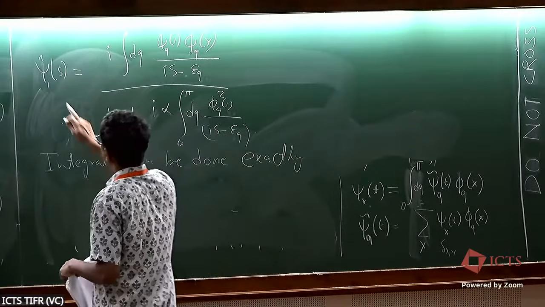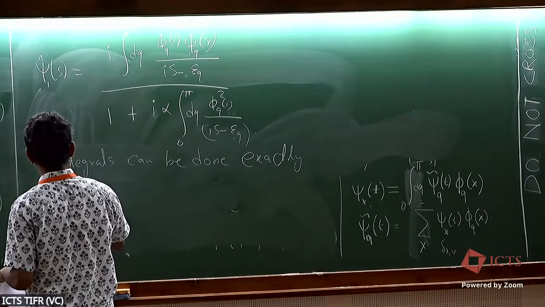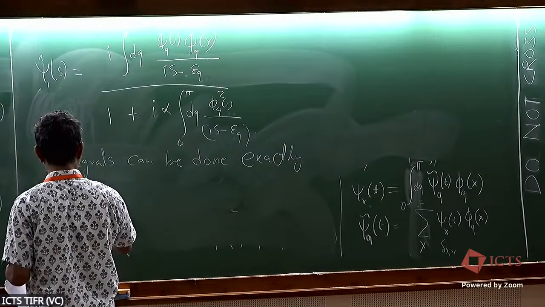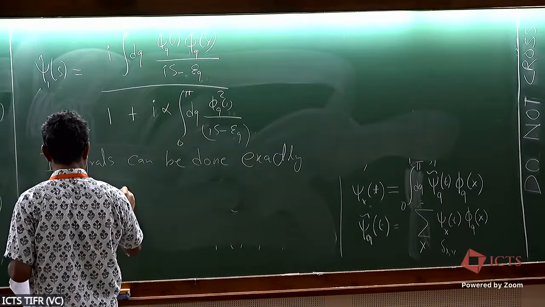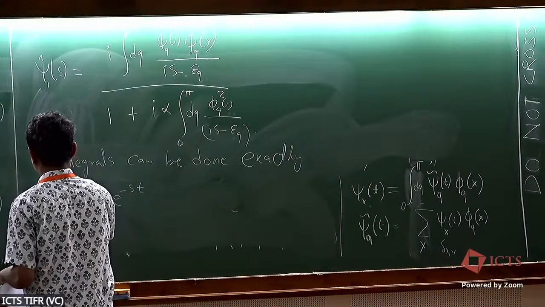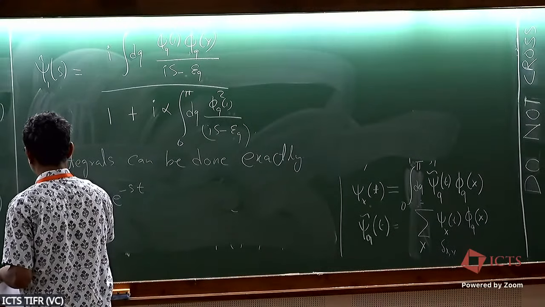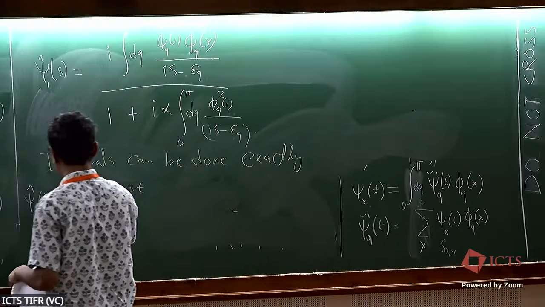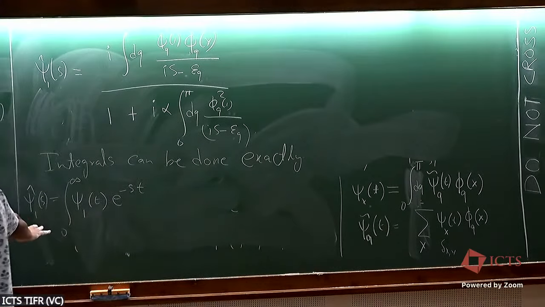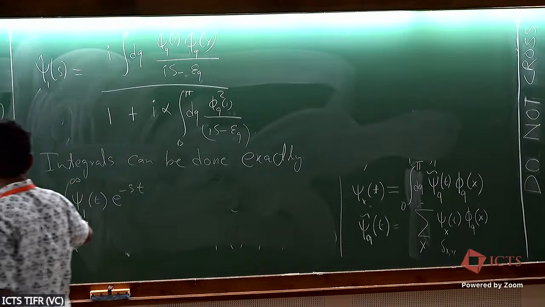Okay, so if you remember, this is basically psi at site 1, t. This was just the Laplace transform, right? And earlier we said that if we know psi 1 at time t, from that we can find everything.